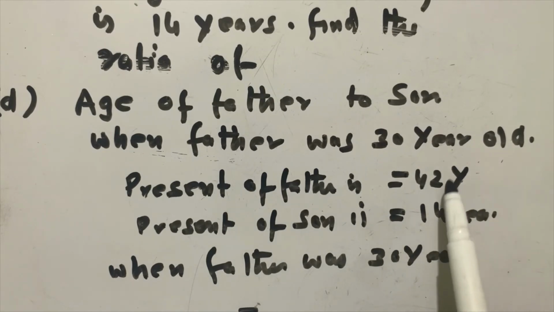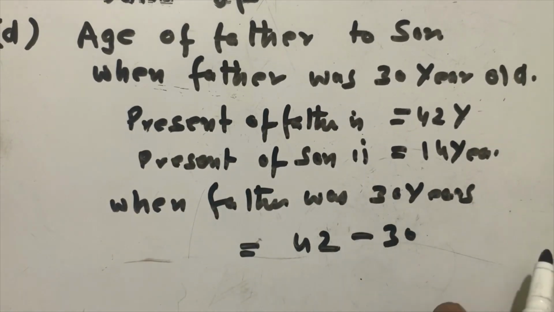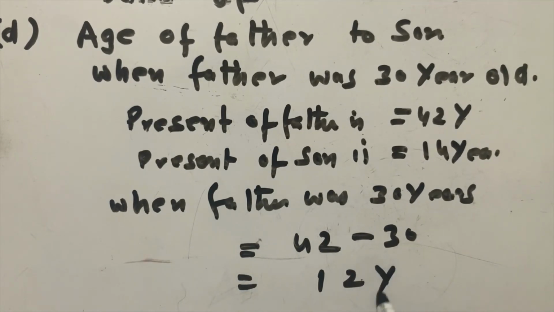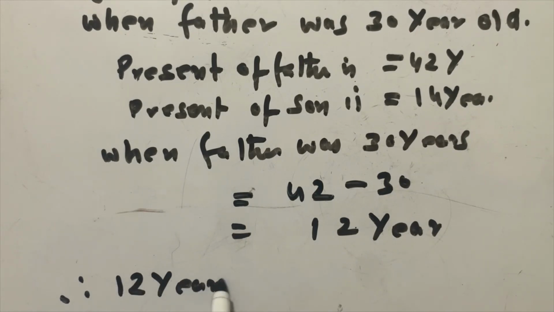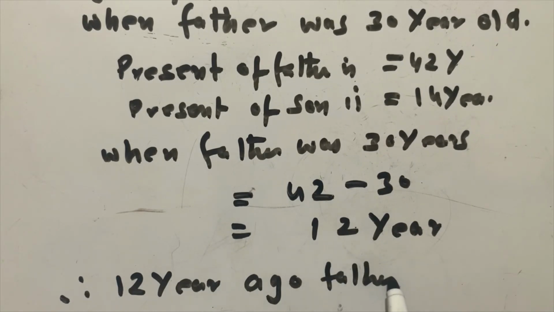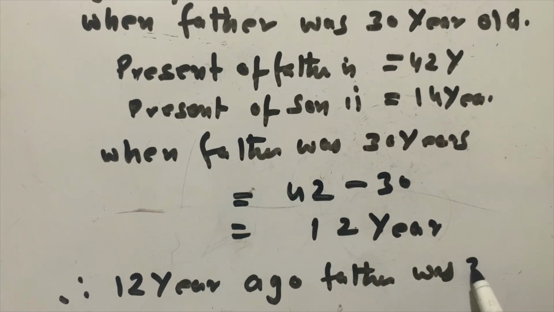Now this question can be solved. Present is 42 minus 30. When father was 30 years old, we get 12 years. Therefore 12 years ago father was 30 years old.